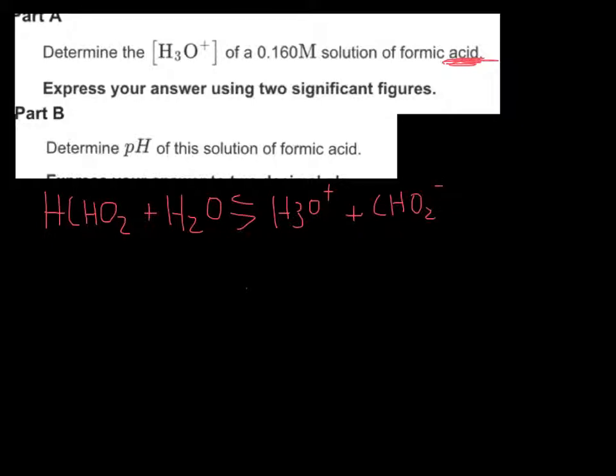And how you know that is that this was the acid, and this was the base. So this will be gaining, and this will be donating. Alright, so we got that solved.